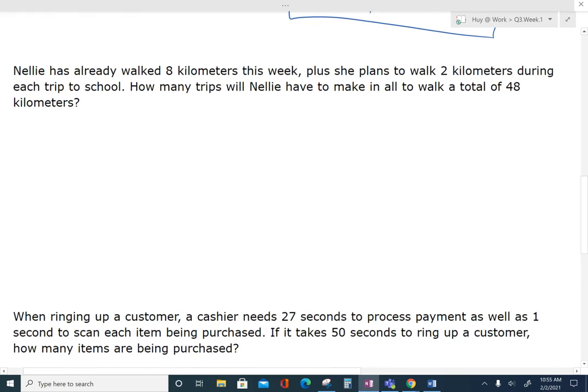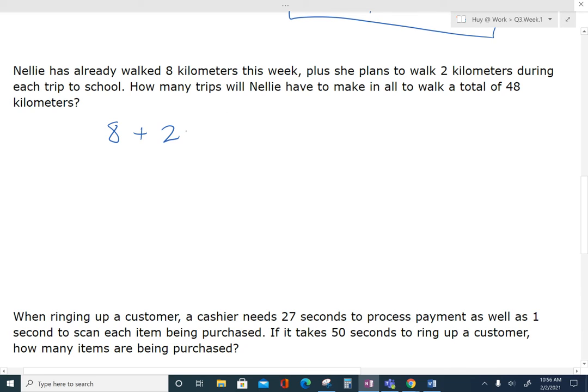All right, next example here. Nellie has already walked 8 kilometers this week. So as I'm reading these problems, she's already walked 8 kilometers, so I'm going to write 8 kilometers. Then she plans to walk 2 kilometers each trip to school. So we're going to add 2 kilometers for every trip.